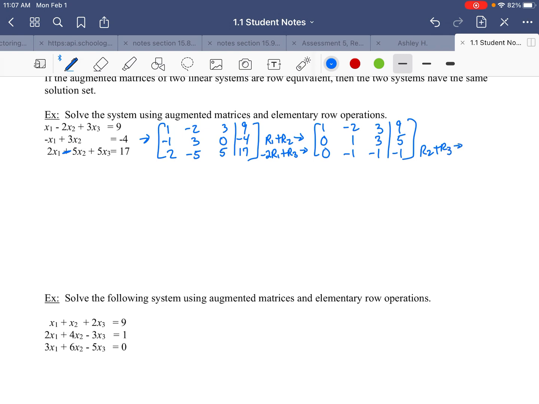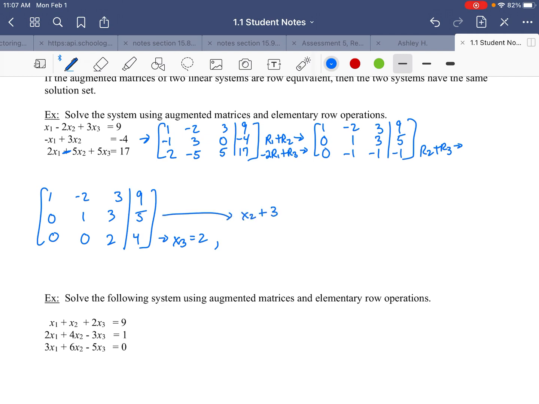All right, so I'm going to write that down here. I'm kind of out of space. So 1, -2, 3. So it's a lot of writing for these things. All right, so 0, this would add up to 0, this would make 2, and this would make 4. So I can easily tell now that x3 is equal to 2, which allows me to find x2 if I put it in here. So I have x2 plus 3 times 2 equals 5.